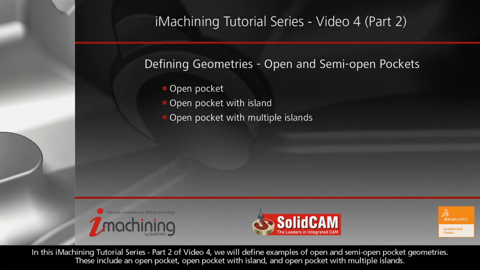In this iMachining tutorial series, part 2 of video 4, we will define examples of open and semi-open pocket geometries. These include an open pocket with island, and open pocket with multiple islands.